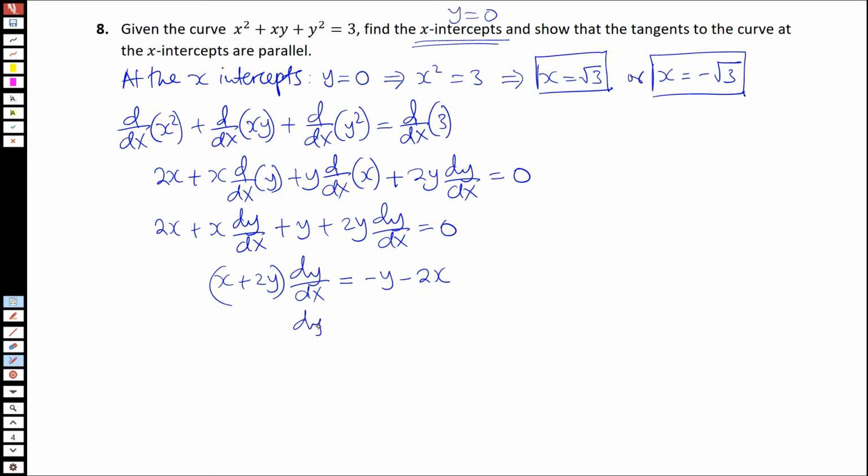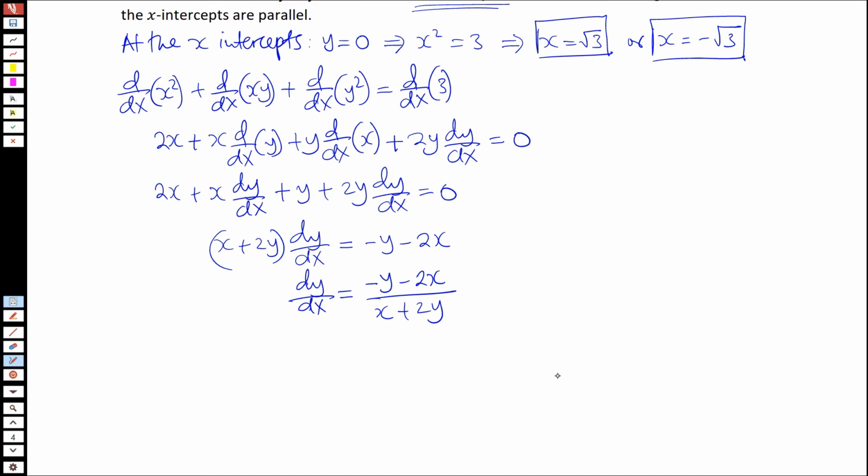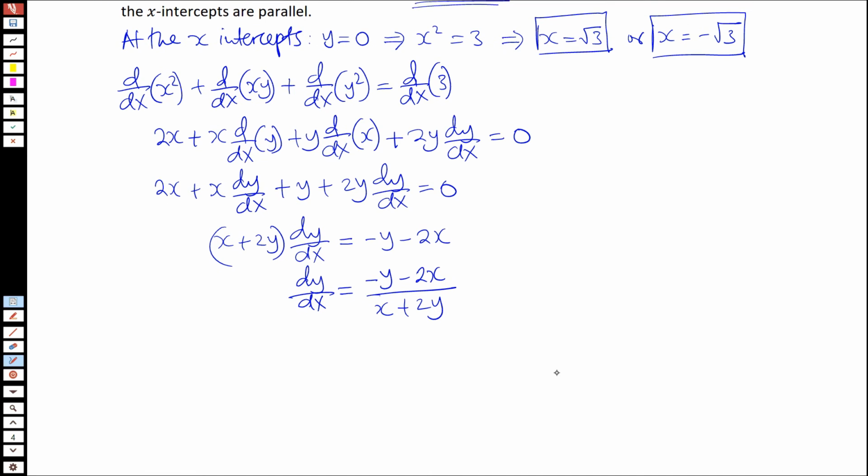So which means that dy over dx in this case will be equal to negative y minus 2x over x plus 2y. So our plan is to show that at x equal to square root of 3, this curve will have the same gradient as when x is equal to negative square root of 3.